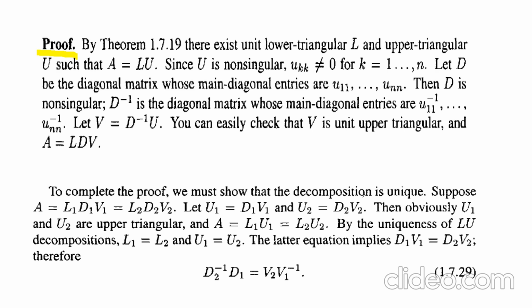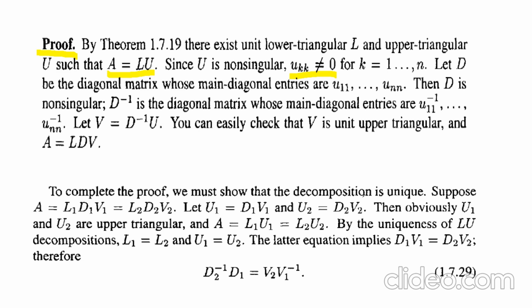This theorem says there exist a unit lower triangular L and an upper triangular U such that A is equal to LU, where only L was the unit lower triangular matrix. Since U is non-singular, the diagonal entries are non-zero, which is written here: UKK is not equal to 0 for k varying from 1 to n.